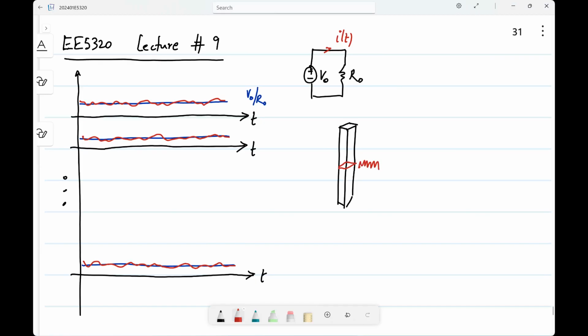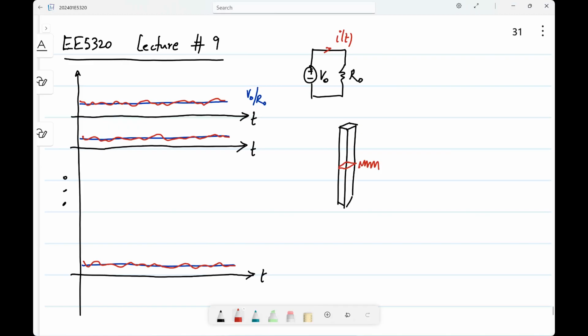That is, if V0 is 0, then you expect that no electrons cross this barrier, but that's not what happens. They'll be crossing it, but on average equally in both directions. This happens because of random thermal motion of electrons. So you expect it to be related to temperature, and it is, as we will see from the expressions later.